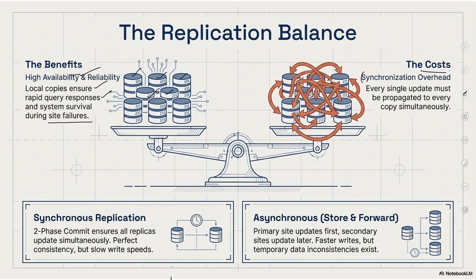That is the cost of this replication. We want to store the data and update the data, and both things have to happen simultaneously, then only we can retrieve the data.